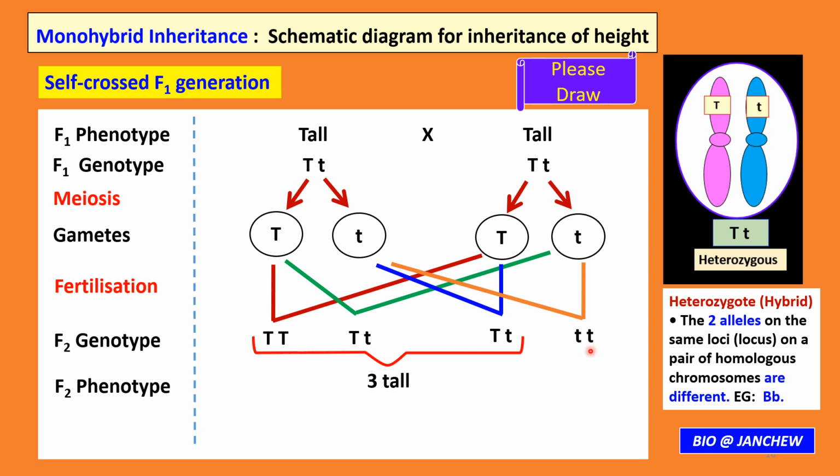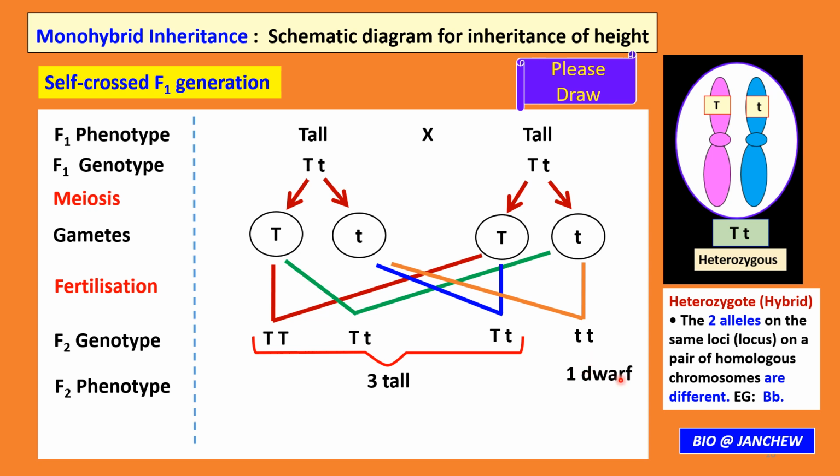There is no dominant allele big T, thus it cannot be tall. The big T allele does not mask or suppress the effect of the recessive allele small t. So small t is able to express its trait, which is dwarf stem.